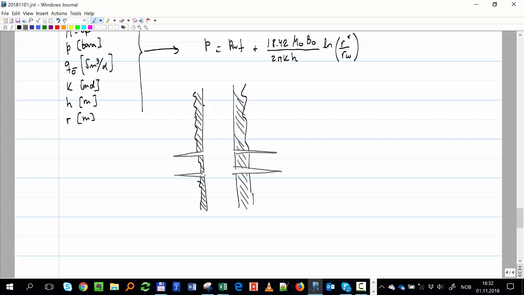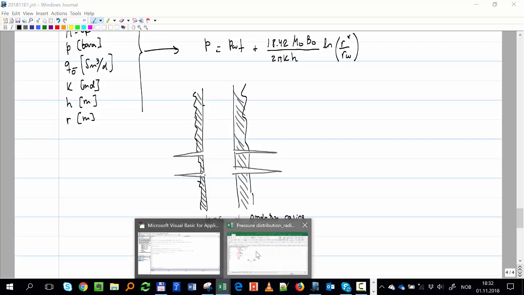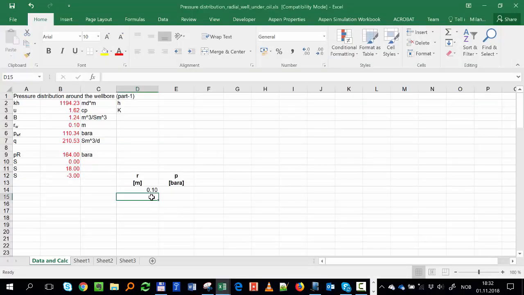So really the radius that is in contact with the formation is this RW, basically the radius of the production casing. So in our exercise, we are going from point 1, and then we have to go all the way, let's say, to 500. Let's say that the outer boundary of the well is 500.